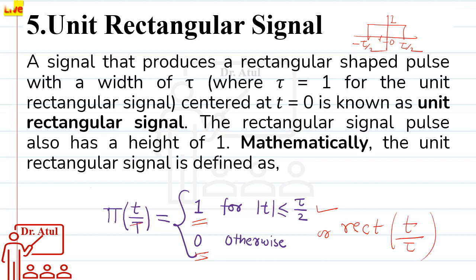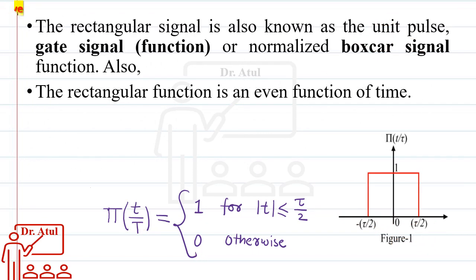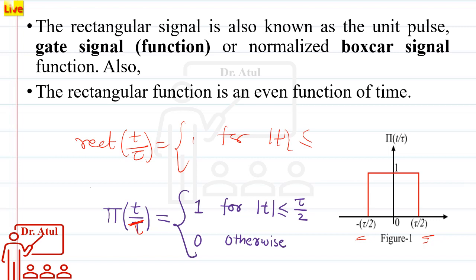This should actually be tau, not t, because we are taking its interval as tau, minus tau by 2 to tau by 2.